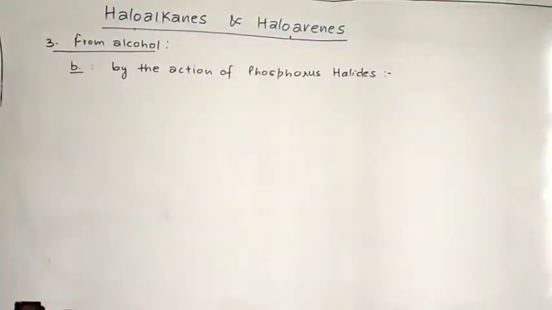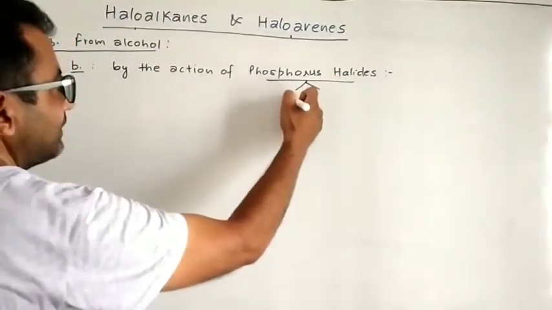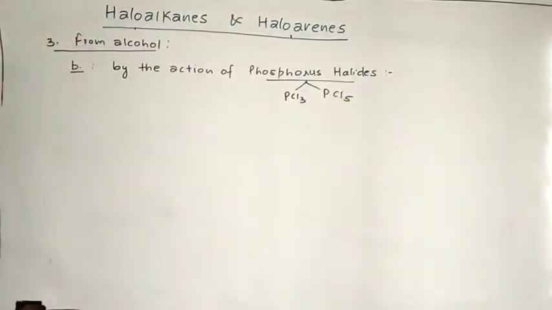Next is by the action of phosphorus halide. So all the haloalkanes are prepared from alcohol. Phosphorus halides are of two types. One you can say is PCl3, second we have PCl5. So by both we can prepare the haloalkanes.